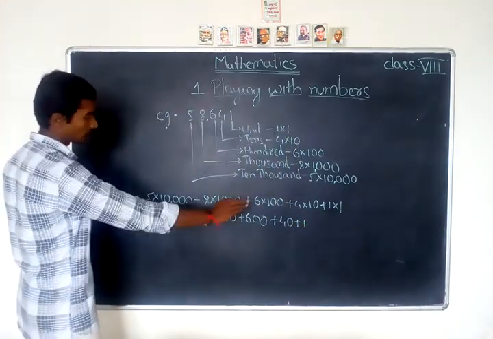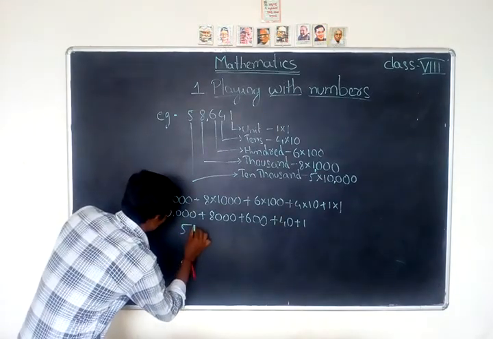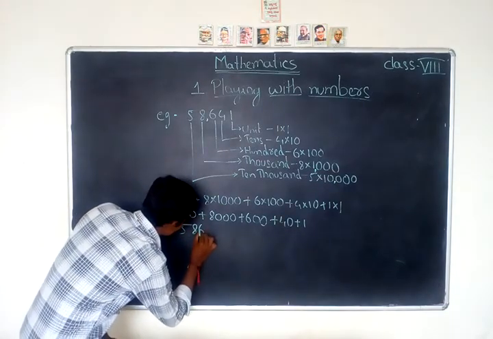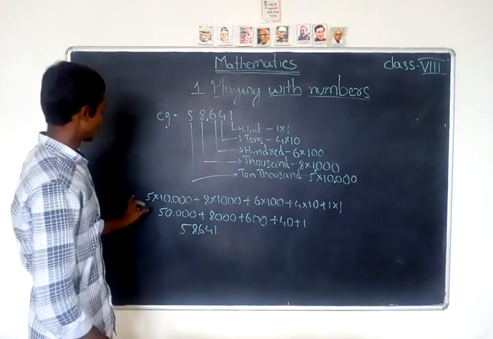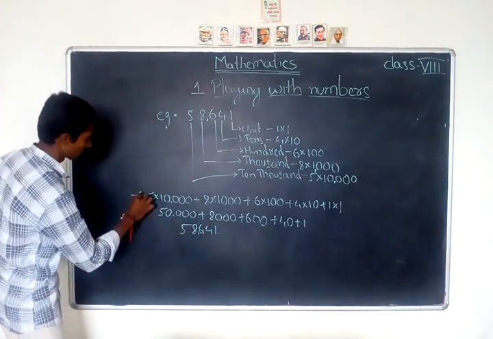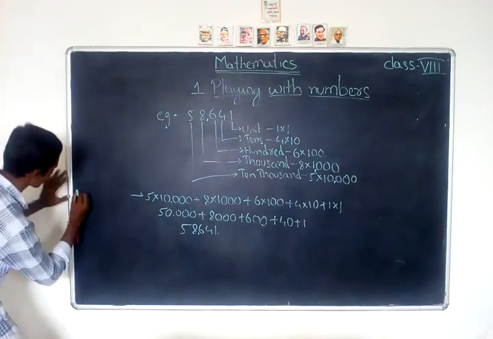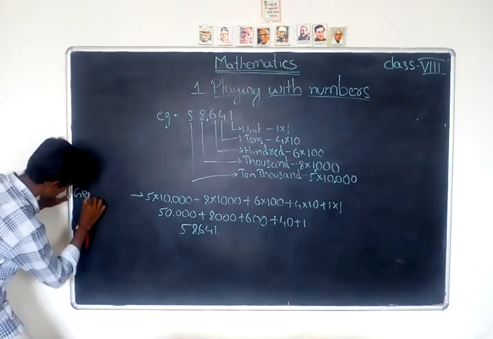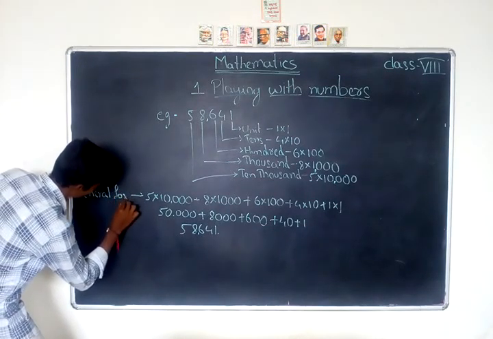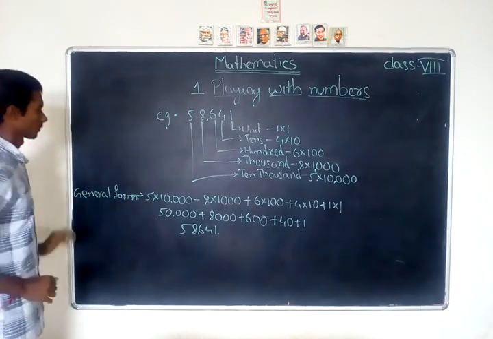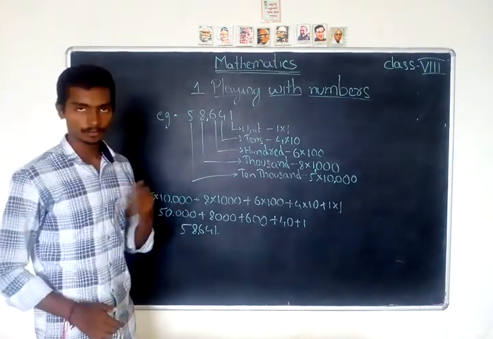Now if we add all this, what will we get? This is 58,641. So this is the general form of this number. Okay, this is how we write the general form of any number.